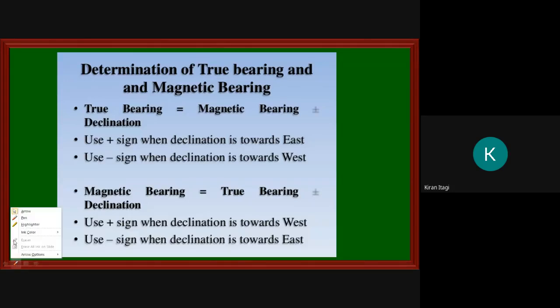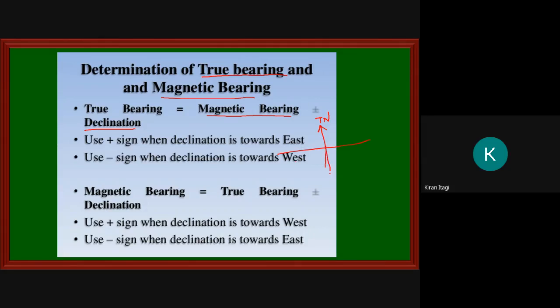Now, see, determination of true bearing and the magnetic bearing. True bearing is equal to magnetic bearing plus or minus declination, means whatever reading that we are taking, it should be with respect to the true north. Okay.